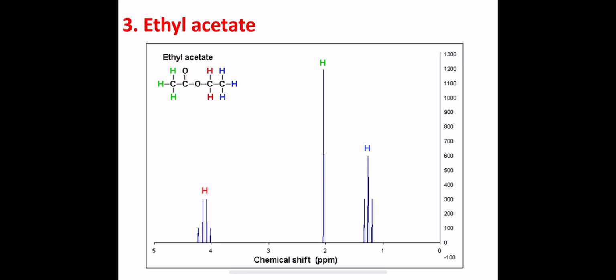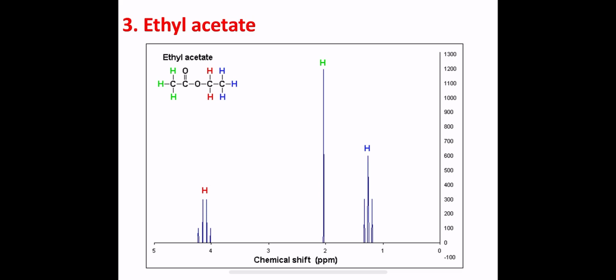The CH3 protons marked A appear at lower frequency, and the signal from CH3 protons marked C appears at the lowest frequency. The signal from CH3C is split into a triplet by CH2B protons, and the signal from CH2B is split into a quartet by CH3C protons.